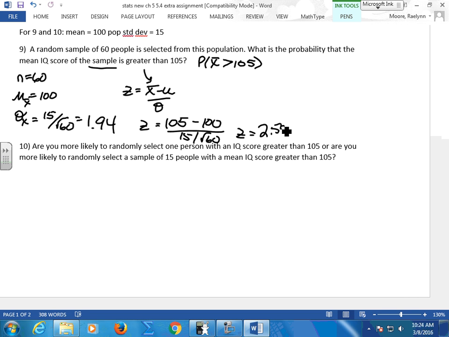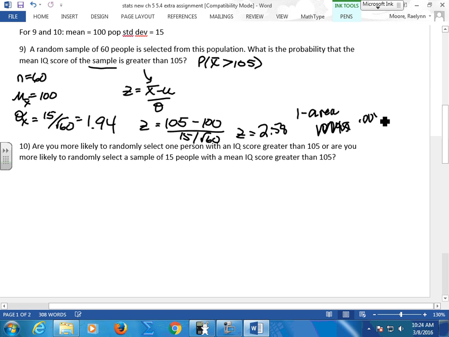No. When you first look it up, yes, and then we're going to have to subtract it from 1. So, you're going to subtract your area. And what's your final answer? No? What'd you get? Oh, .0049. Very small. Okay.